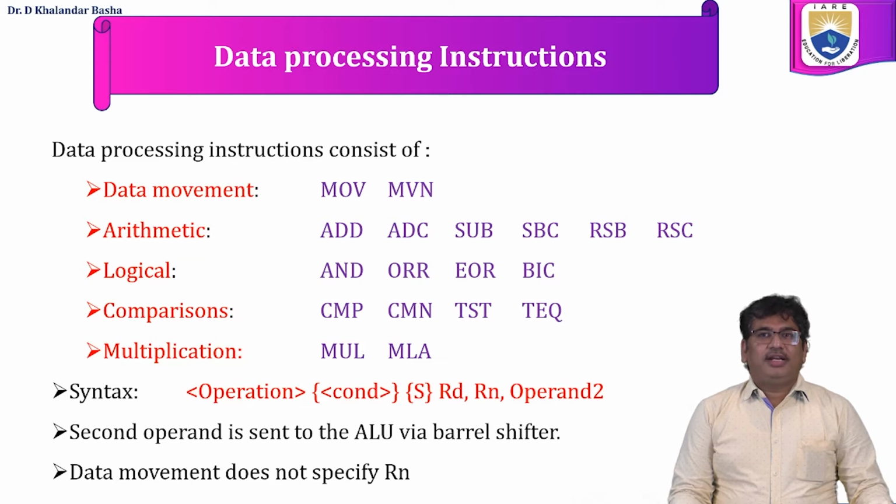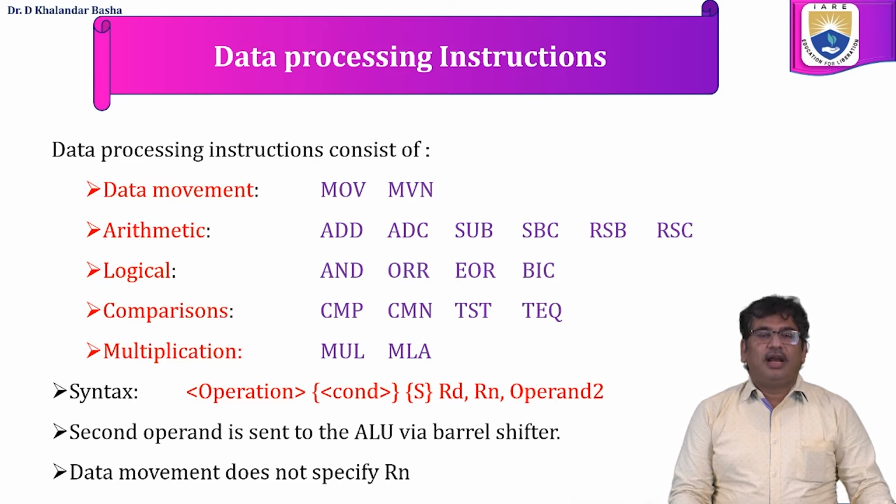The various data processing instructions consist of, under data movement instructions, MOV and MVN. Under arithmetic instructions, ADD, ADC, SUB, SBC, RSB, RSC. Under logical instructions, we have AND, ORR, EOR, BIC (bit clear).